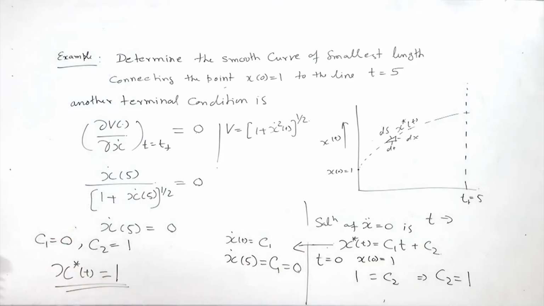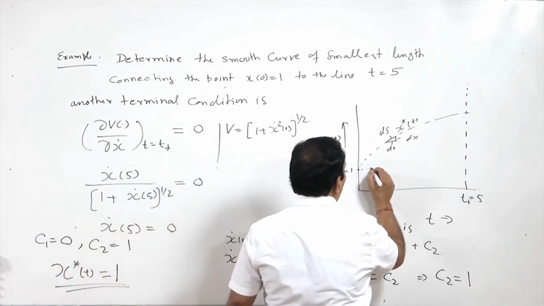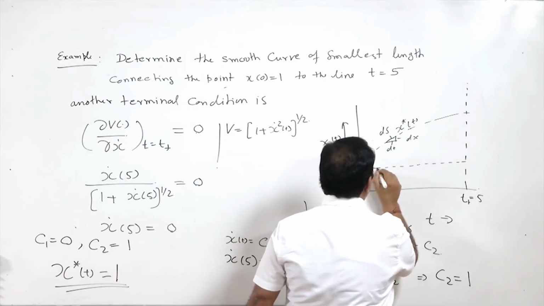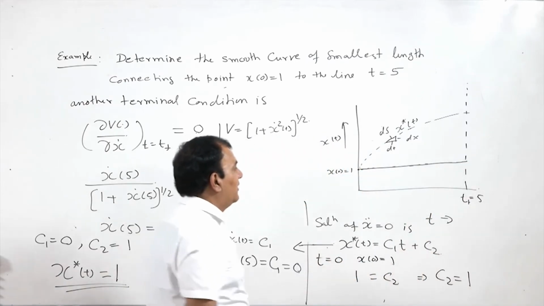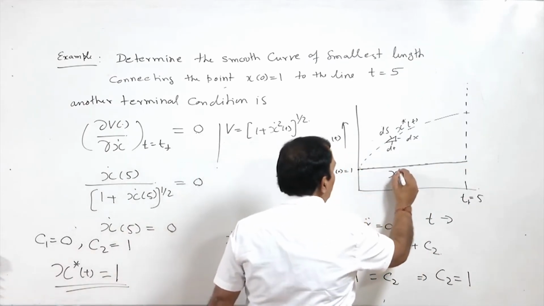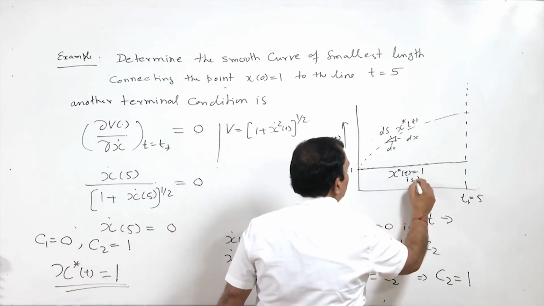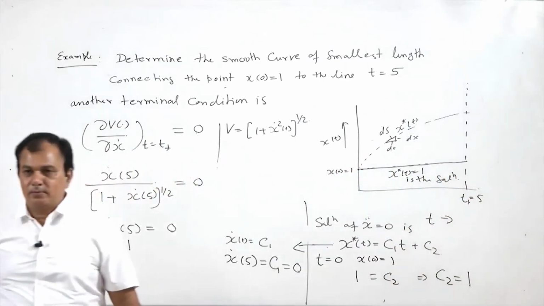This is my solution, and we can see it here. The minimal distance between these points is nothing but a line parallel to the t axis, and x star t equal to 1 is the solution.